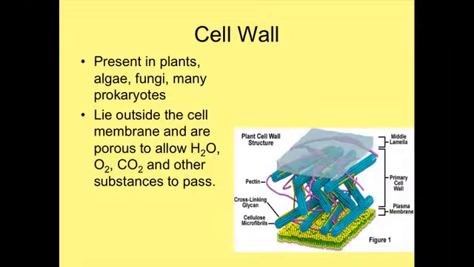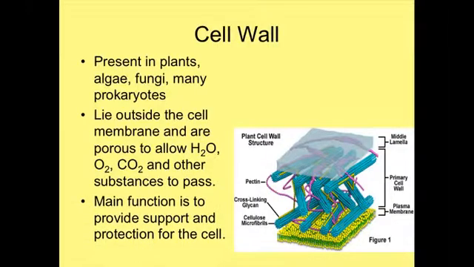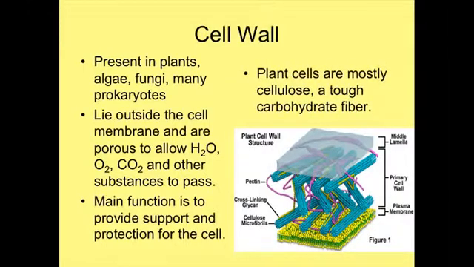So they allow water, oxygen, carbon dioxide, and other substances to pass in and out of the cell. The main function of the cell wall is to provide support and protect the cell. Plant cell walls are mostly made of cellulose, and if you recall from chapter 2, cellulose is a carbohydrate.